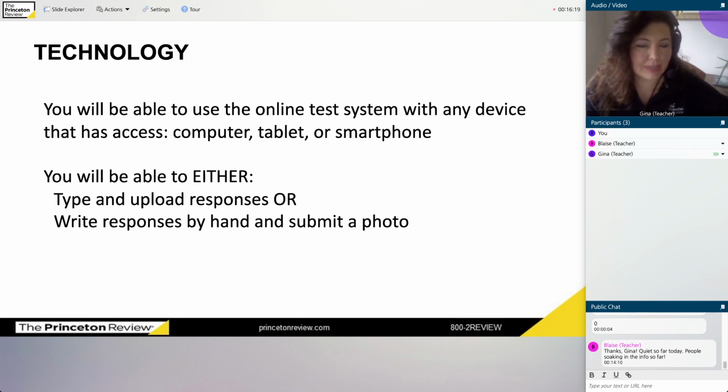Now, let's talk about technology. I mentioned earlier that you do have some different options. You can technically take this test on any device that has access to the internet, a computer, either laptop or desktop, a tablet, a smartphone. I'm suggesting, just my own opinion, that it's going to be a little easier to do it on a laptop or a desktop just because you'll be able to use your keyboard and type quickly.